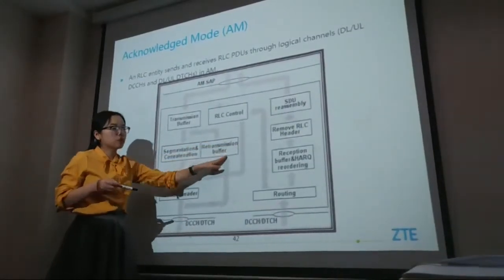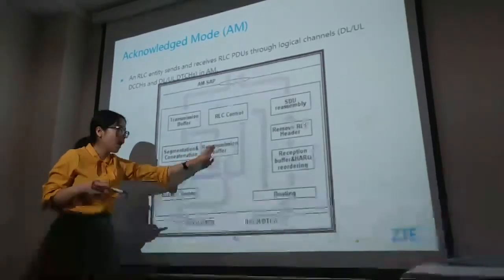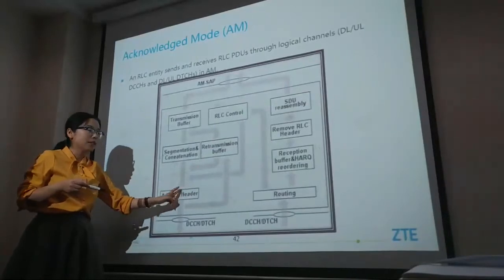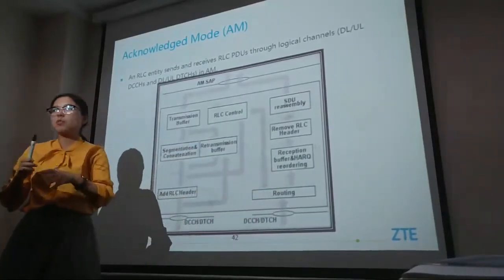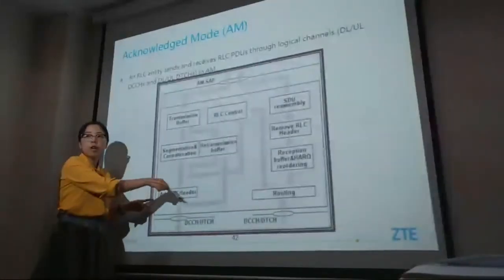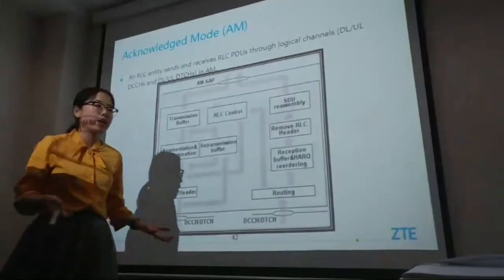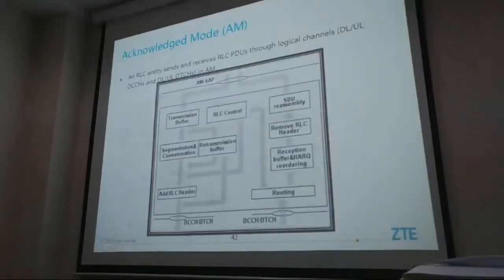If the PDU size is greater than this retransmit data, I just add a header directly to retransmit it. So for retransmitting, it also needs to add the header.